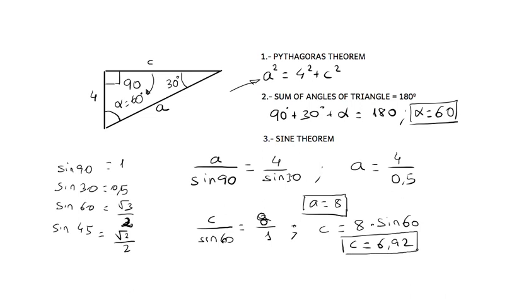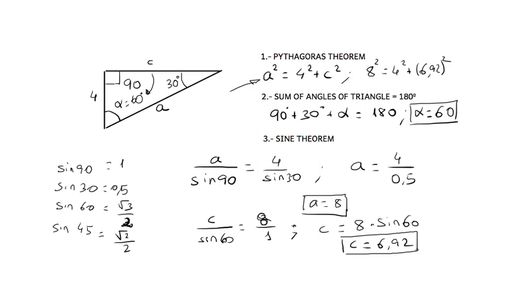If you want to double check that everything is correct, we can see if the Pythagoras theorem verifies. So this must be true, so that a squared, 8 squared, equals 4 squared plus c squared, which is 6.92 squared.